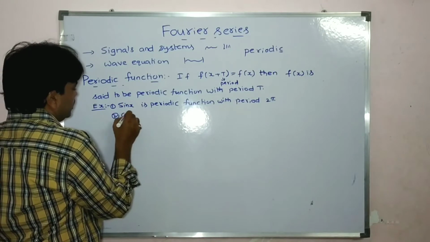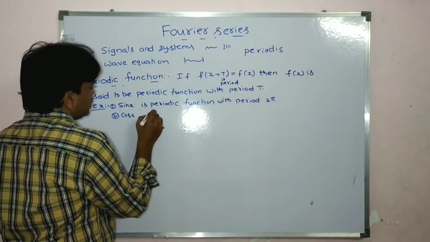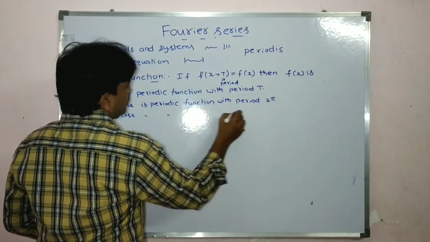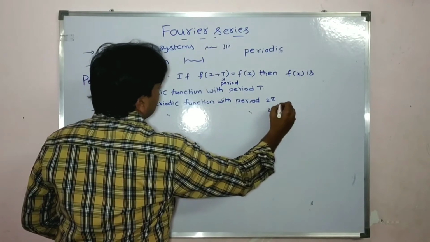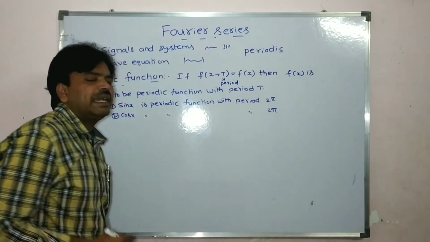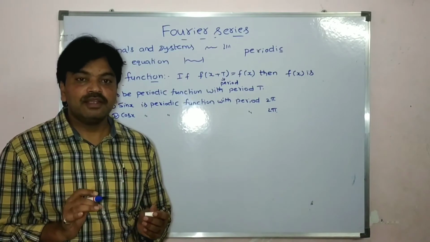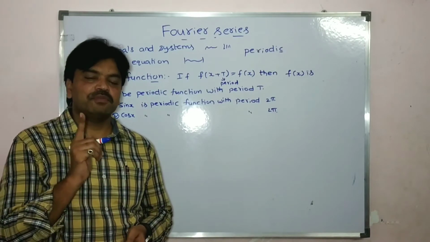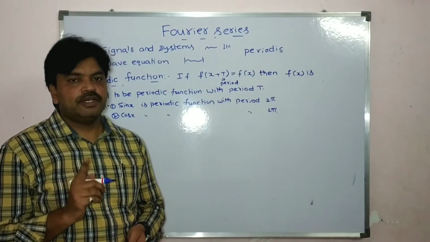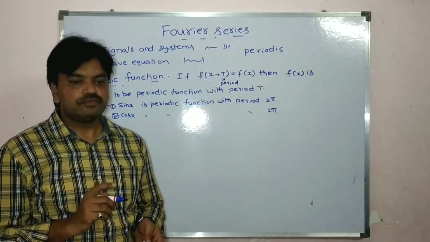Similarly, cos x is a periodic function with period 2 pi. Tan x is a periodic function with period pi, not 2 pi.